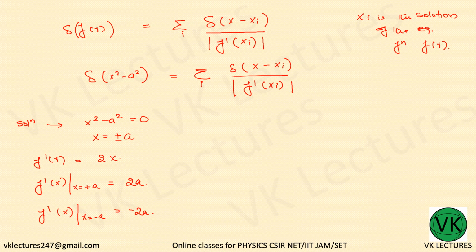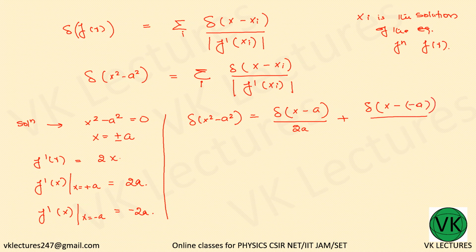Now I want to apply the formula, that is, the delta of x squared minus a squared equals delta of x minus, my first solution is plus a, so x minus a, divided by f dash of a, that is 2a, plus delta of x minus, second is minus a, so x plus a, divided by the magnitude, which will become 2a.